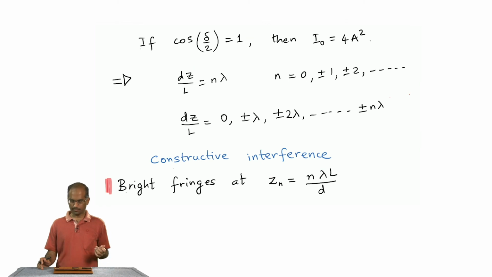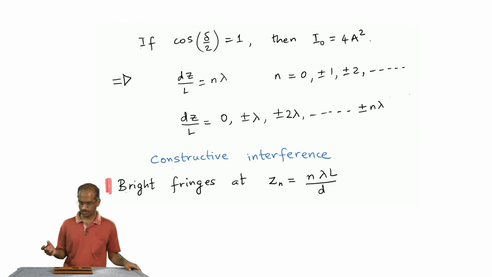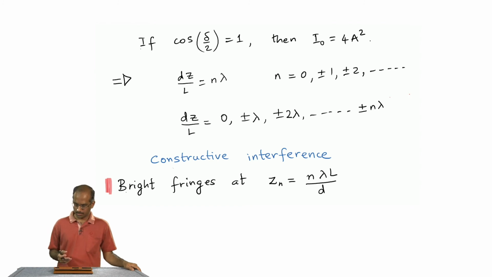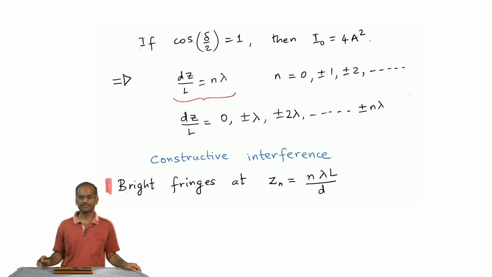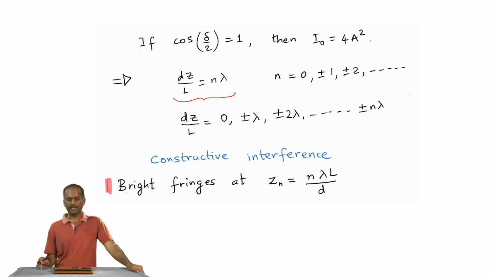The fringe will of course be bright if cos delta by 2 is 1, or more correctly plus or minus 1. In that case the intensity would be 4a square, just like we saw the last time, and the condition is that this would happen if delta by 2 is equal to an integral multiple of wavelength, which is given by this condition, and that is dz by L is equal to n lambda, where n is 0, plus or minus 1, plus or minus 2 and so on.